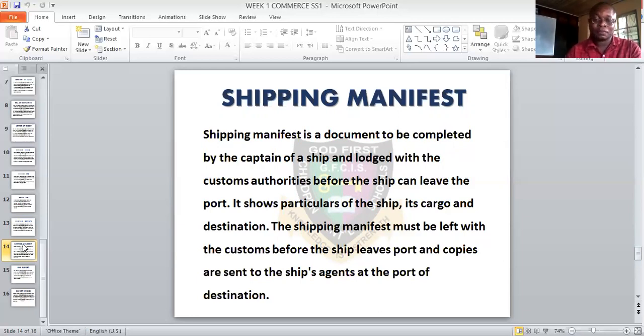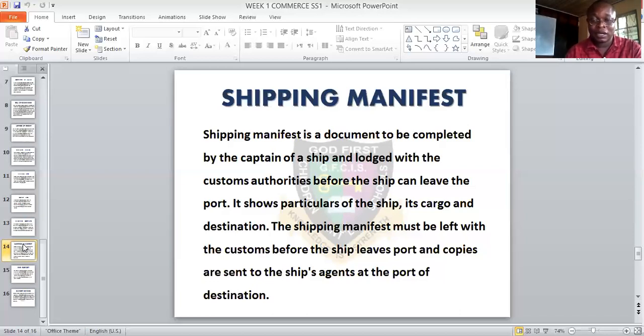It shows the particulars of the ship, the cargo, the type of goods the ship is carrying, and the destination where it is going to deliver the goods. All this is very important under the shipping manifest.